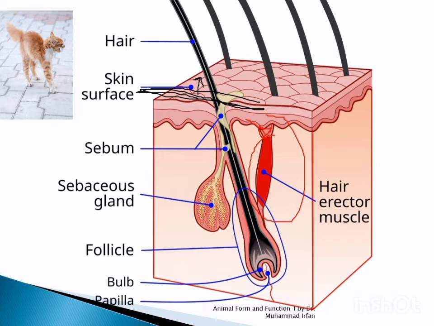This produces areas called goosebumps. These goosebumps are the contraction of the erector pili muscle. They occur in response to cold or to frightening situations.